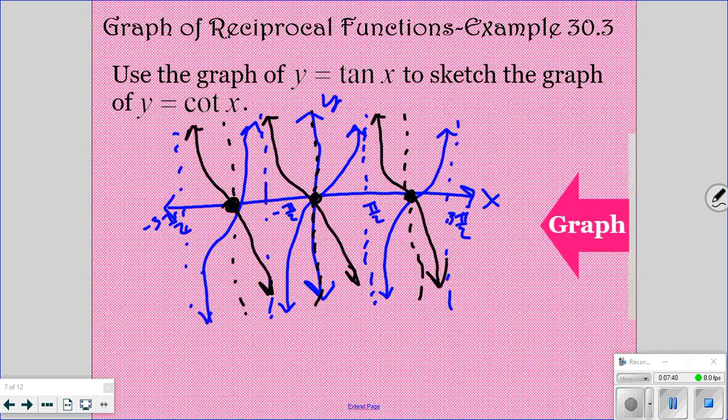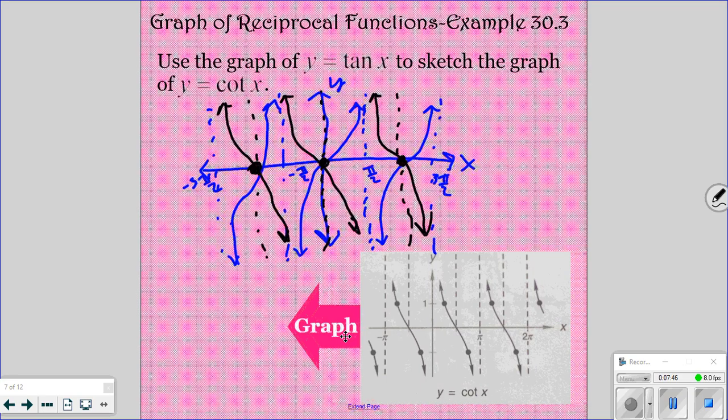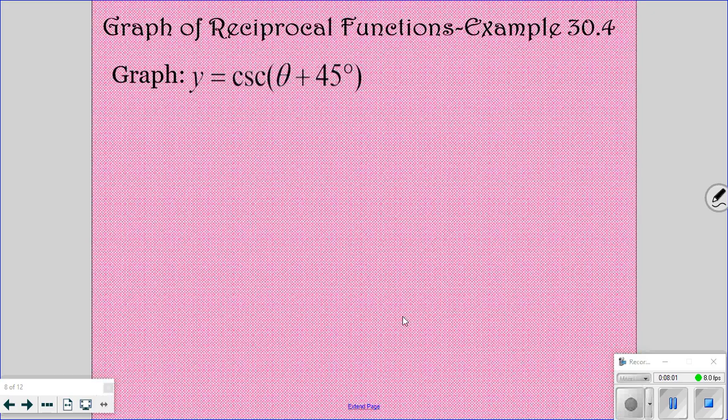Okay, so that's what it looks like, and I'll show you the computer generated graph in case you want to graph it. But they have the asymptotes from tangent drawn to show you where you cross the x-axis for your cotangent. So y'all can pause the video real quick if you want to graph that one.